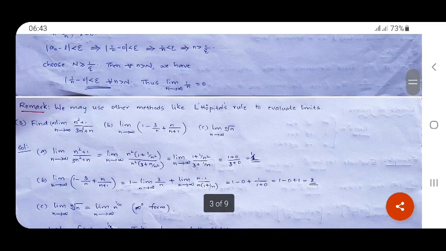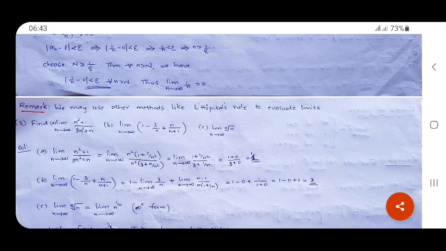We may also use other techniques like L'Hopital's rule to evaluate limits. So let us discuss certain examples. First one is limit n tends to infinity n square plus 1 divided by 3n square plus n. Here, either you can use the infinity by infinity form with L'Hopital's rule, or take the highest degree terms on the numerator as well as on the denominator.